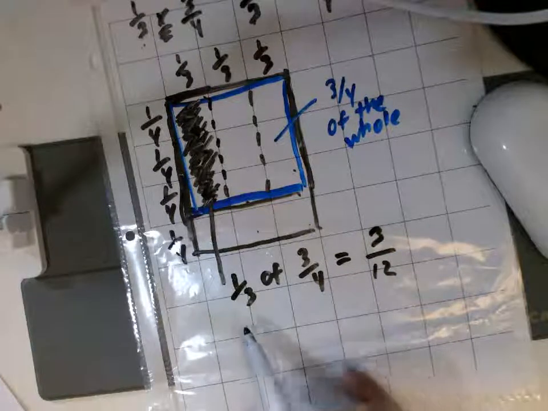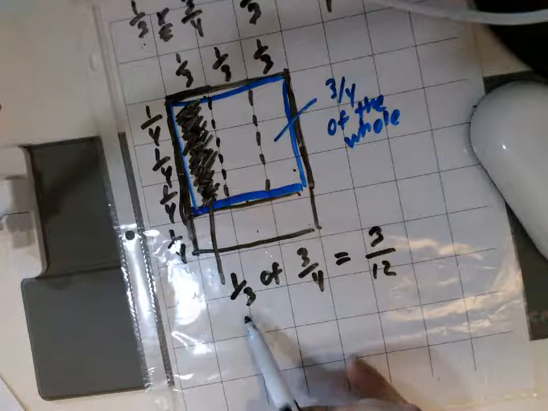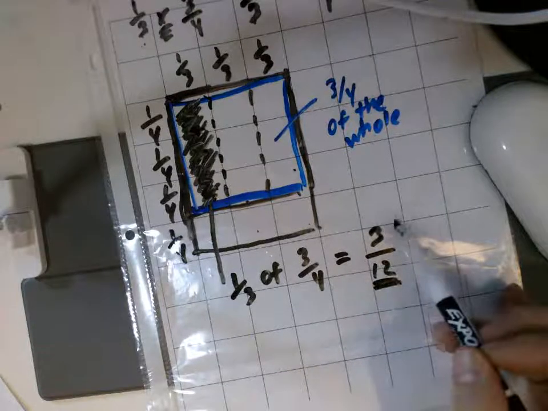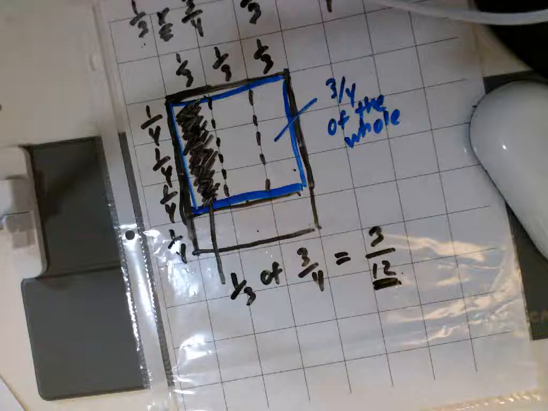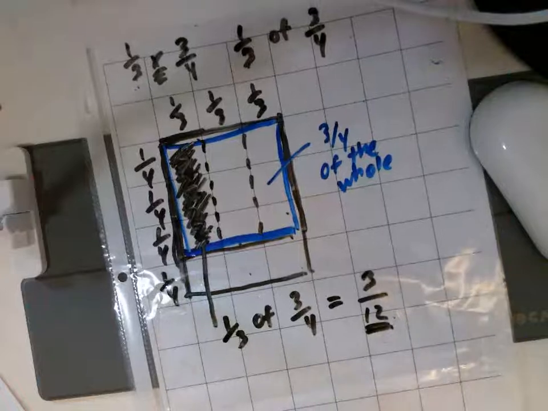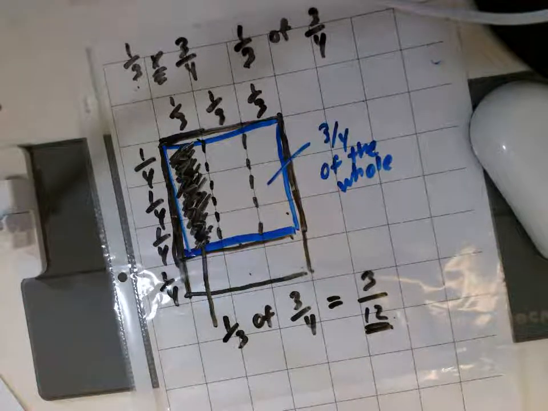So our answer, 1/3 of 3/4 in relation to the whole, is 3/12. Whoa, that's a lot. I'll give you a second to write that all down and get that all in your brain.